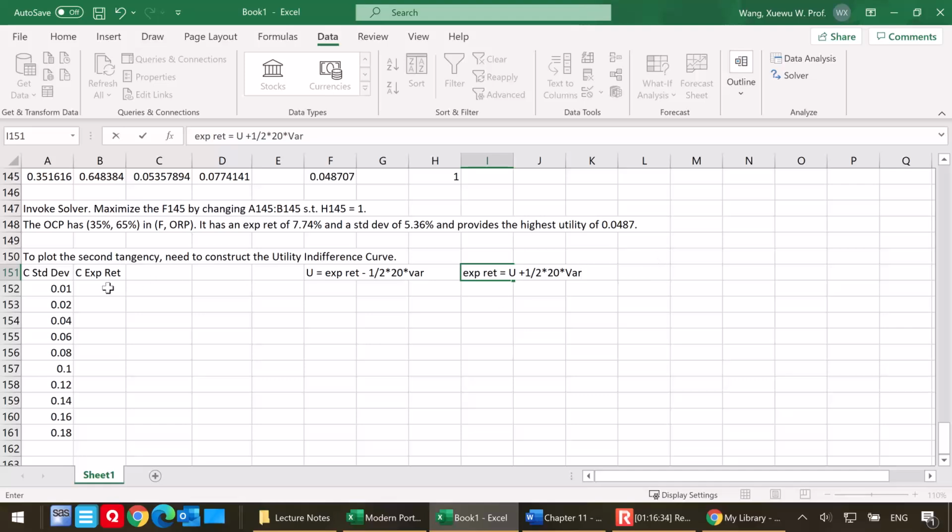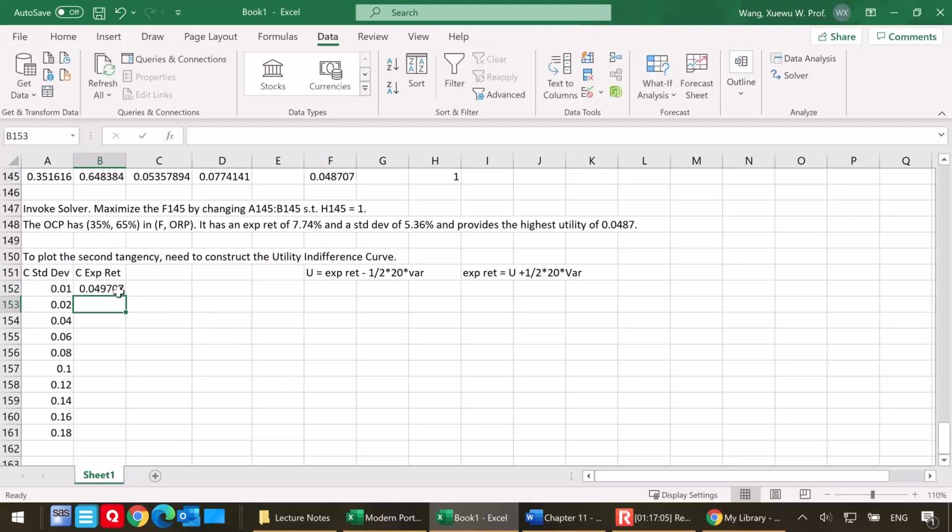That will get me the formula for the expected return. I'm going to look at the utility score, which is this number here. I need to lock down this number because I want to copy it down in a second. And this is adding a half times 20, the risk aversion coefficient, times the standard deviation squared.